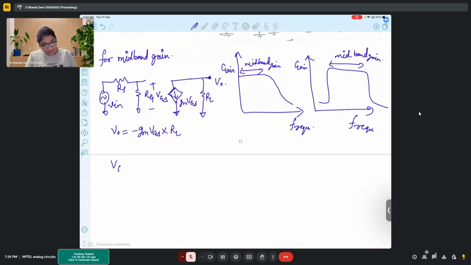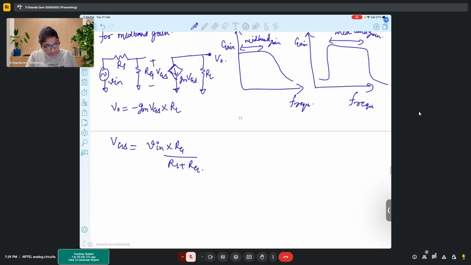Now if I have to calculate VGS, I can calculate from here, which is V1 into Rg upon Rs plus Rg. So V1 is VGS. Let it be this way only.